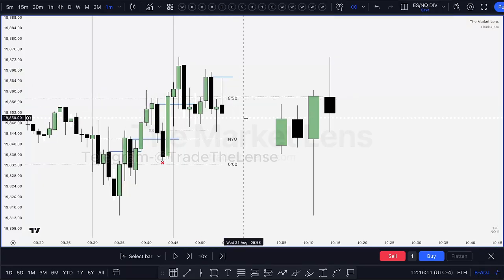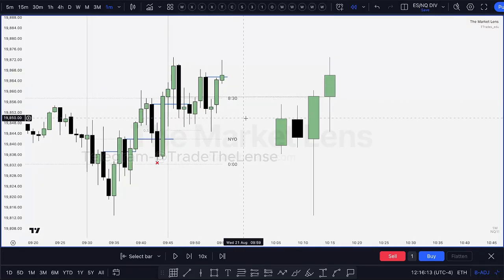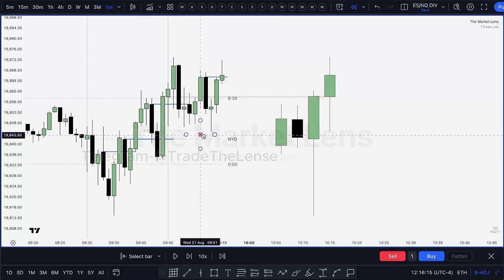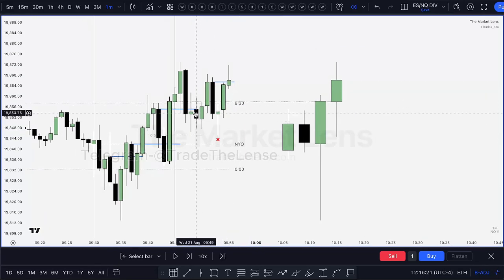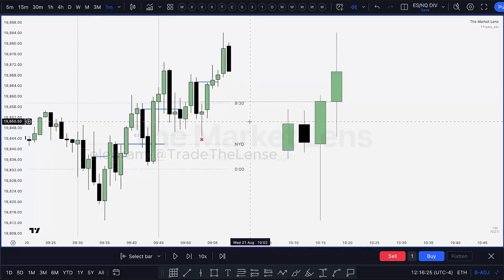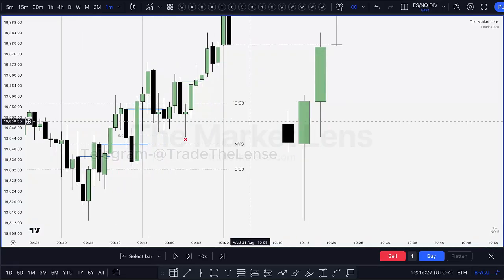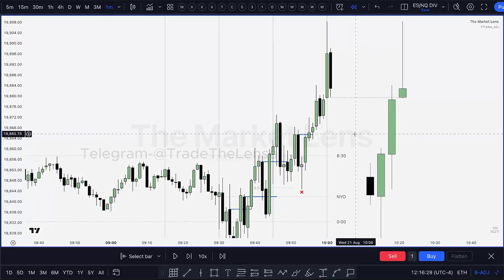That's a possible entry. Once we close over, we anticipate that if we're going to continue higher in this candle, this low shouldn't be touched. You see how we never formed a validated low in this candle until now? And then we get a continuation.